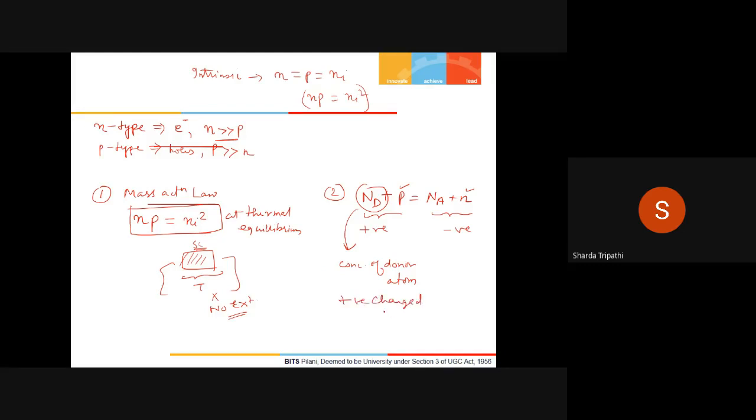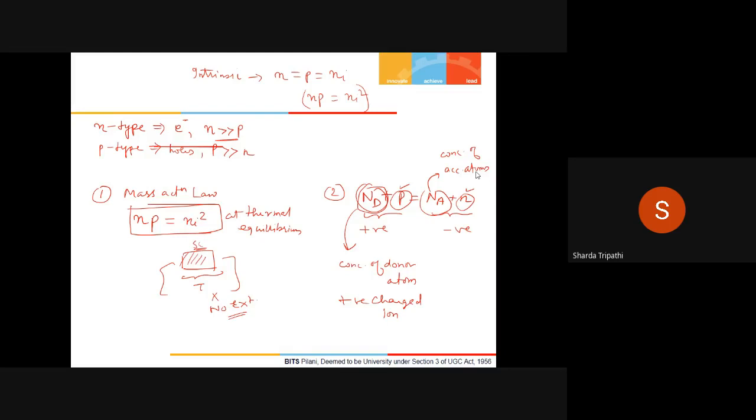So although this is a positively charged ion, it is not responsible for carrying any current, but still it has some charge. So this contributes to the total charge of the semiconductor. Therefore, this positive charge plus this positive charge should always be equal to this negative charge plus this negative charge. Where what is Na? Na will be the concentration of acceptor atoms.